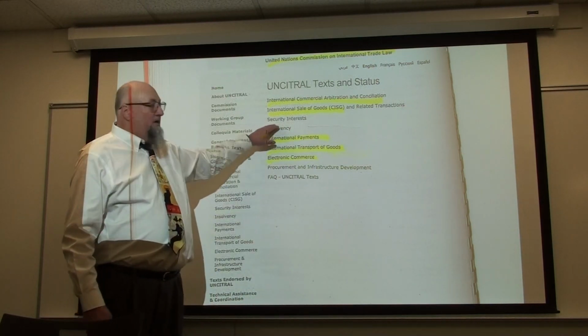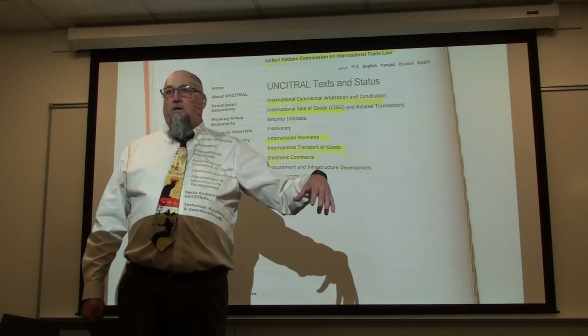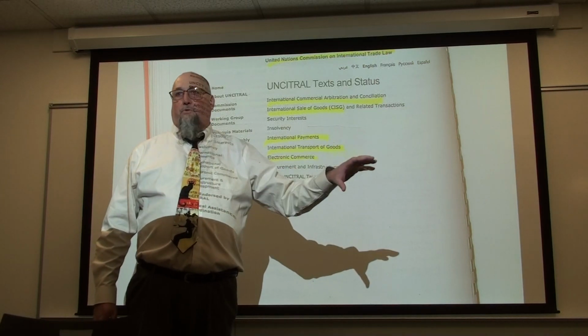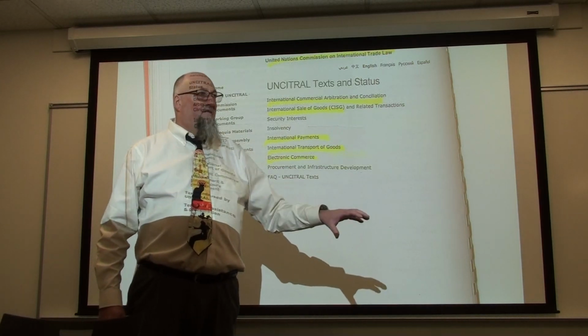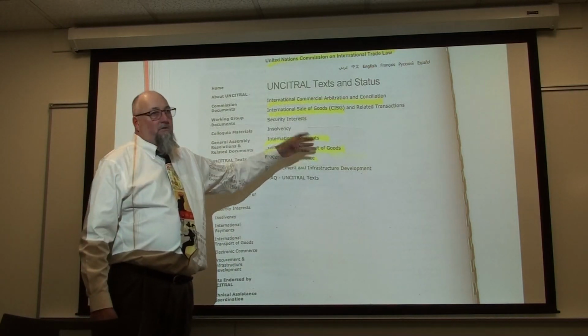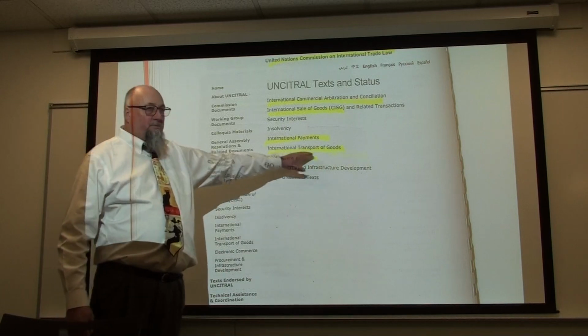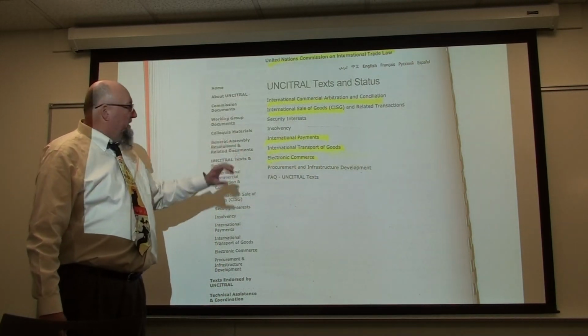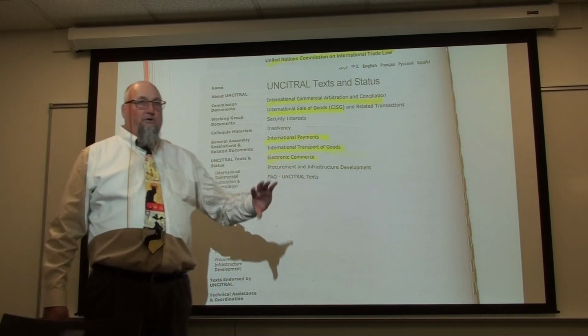And this allows for the international registration of what's called a security interest, so that it tells the whole world that you have first rights to that asset in the event of a default on a contract. International payments, international transportation of goods. And so these are all conventions, texts, treaties that deal with international trade law.